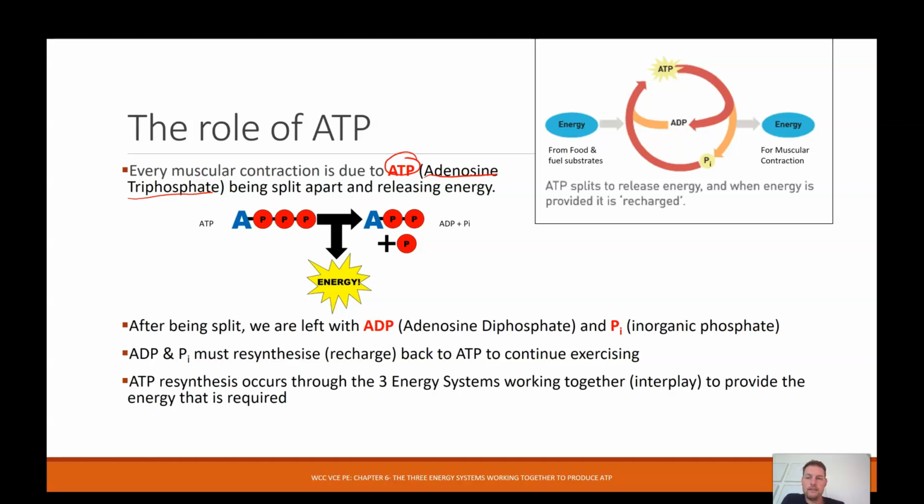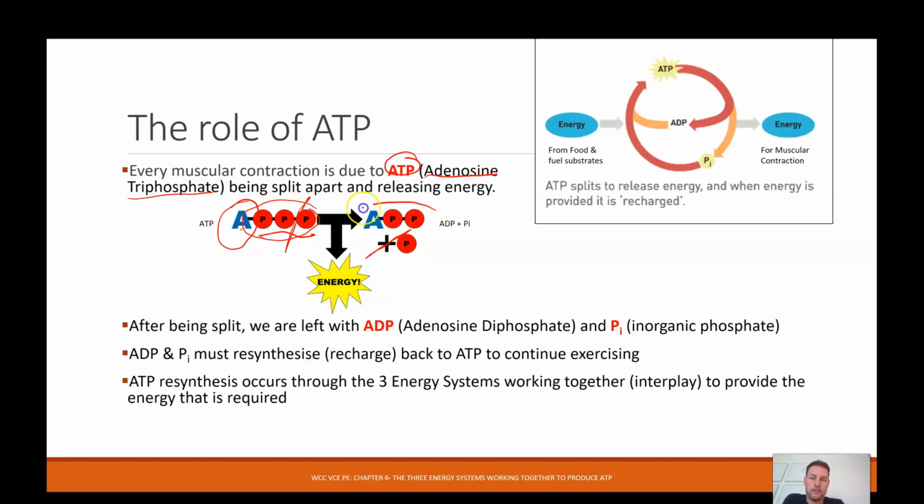ATP is one adenosine molecule attached to 3 phosphate molecules. The way we create energy for muscular contraction from ATP is we have our 1 adenosine attached to our 3 phosphates, and to release energy we cut off one of these phosphates.